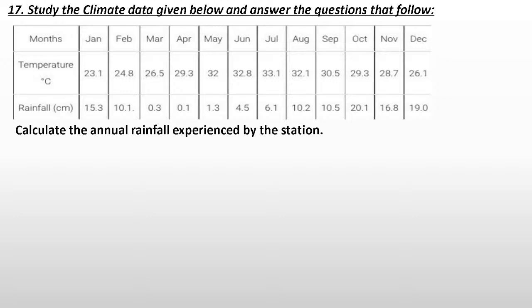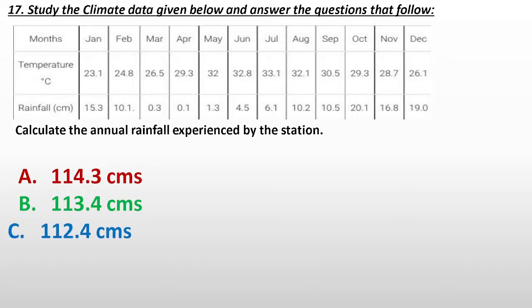And your options are A. 114.3 centimeters, B. 113.4 centimeters, C. 112.4 centimeters, D. 115.3 centimeters. So you have to calculate the annual rainfall experienced by this station.